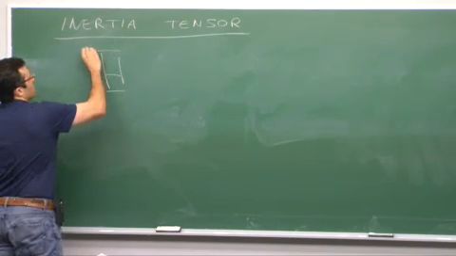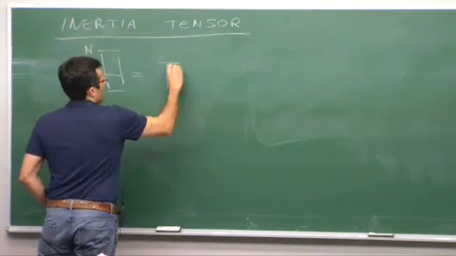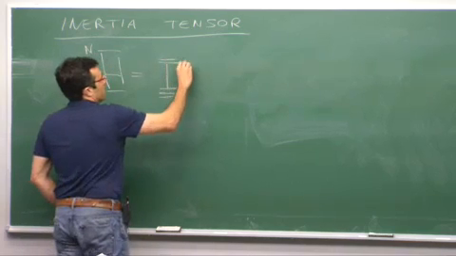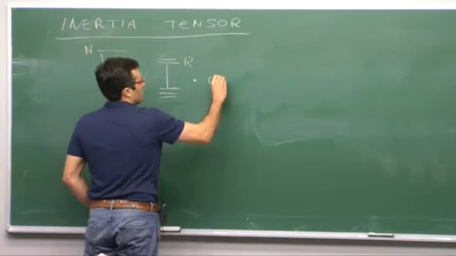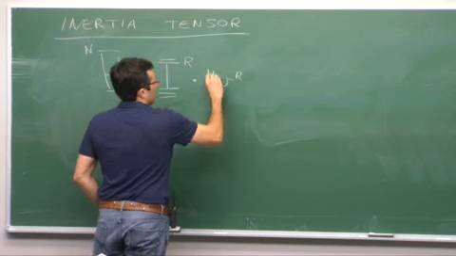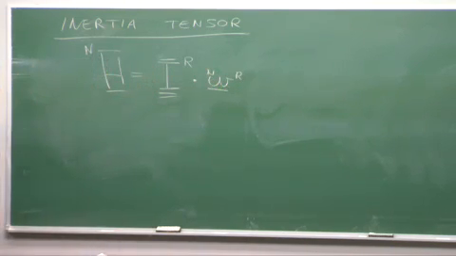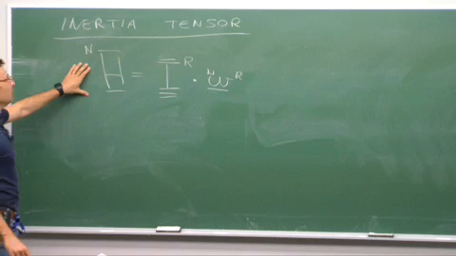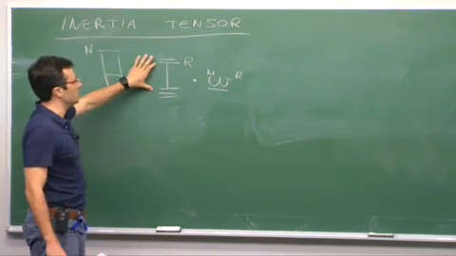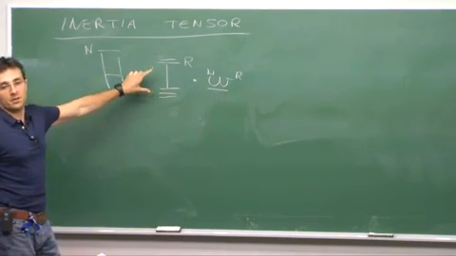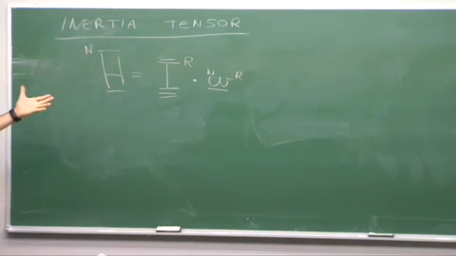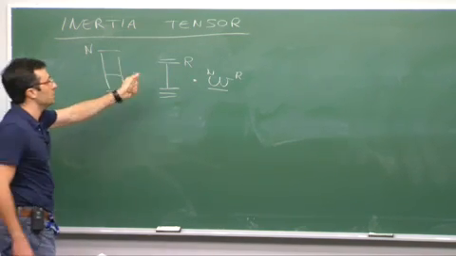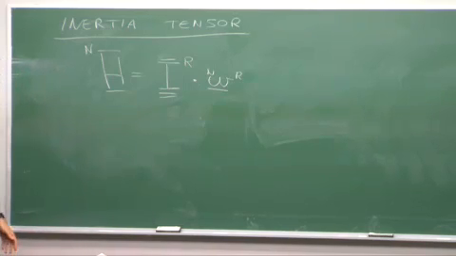H bar with respect to the inertial reference frame is equal to I bar of the rigid body R dotted with omega R N. So in every problem where we have rigid bodies and rotations involved, the first thing we do is compute the inertia tensor of the rigid body with respect to the center of mass. We need to pick some body fixed coordinate system and compute this, of course, if you want to have a projection at the end, a matrix. And then we have H, and we move on with our solutions.